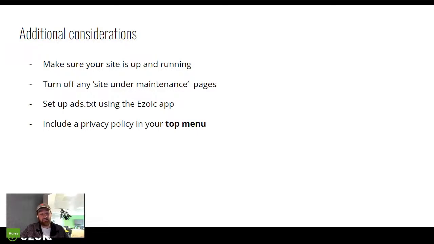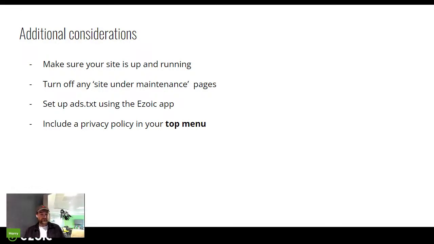Ads.txt is something that's required to be set up in order to get Google Ad Manager approval. So we offer an automatic ads.txt setup in the Azoic setup process. You should have this done as you're setting things up on the site. It's within the first few steps of the setup process, but just before you apply to Ad Manager, make sure that that's completed.